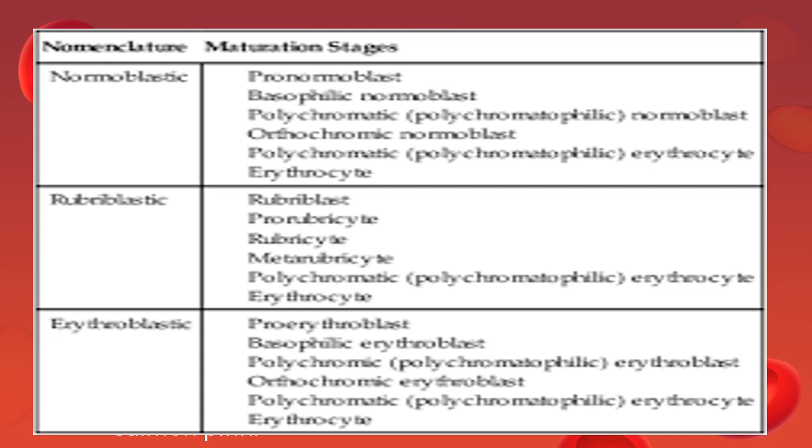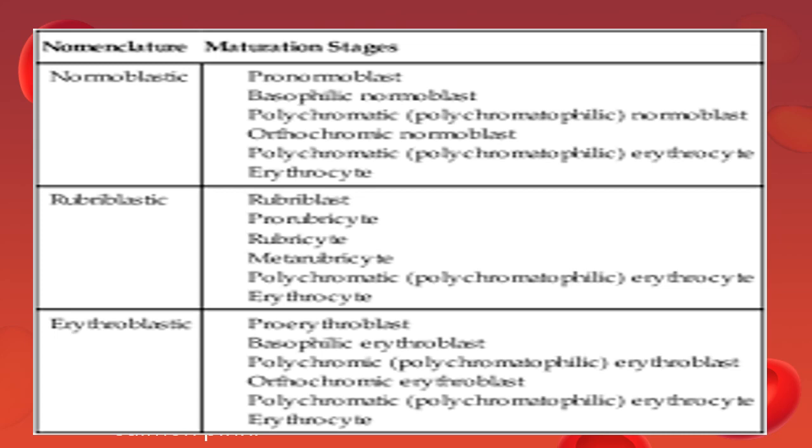Ayan. So, ito yung, sorry, medyo malabo. Okay? Pero ito yung different nomenclatures ng ating maturation stages ng RBC. Okay. So, kung ano yung meron sa isa, ayun lang din yun. Iba-iba lang sila ng term. So, we have 3, normoblastic, rubriblastic, and erythroblastic. Okay? So, ayan.